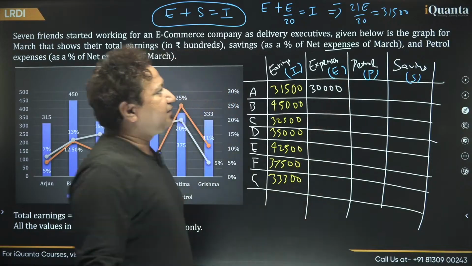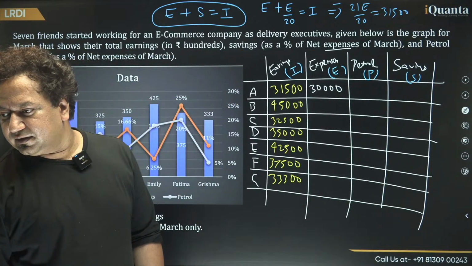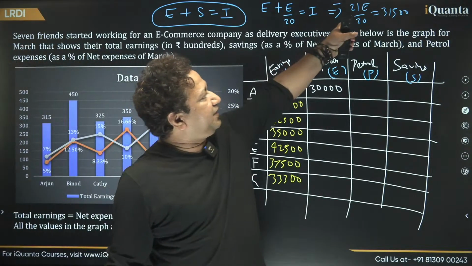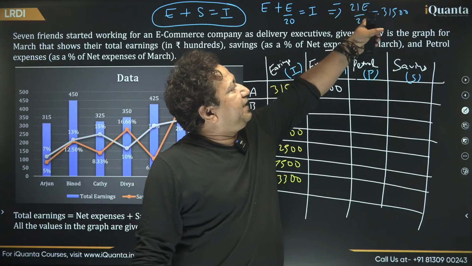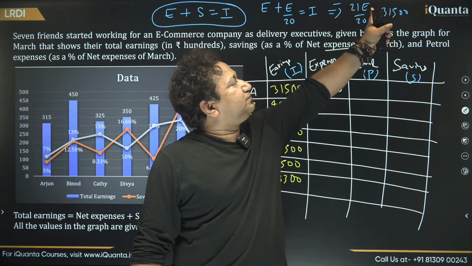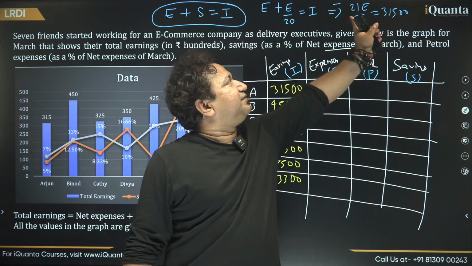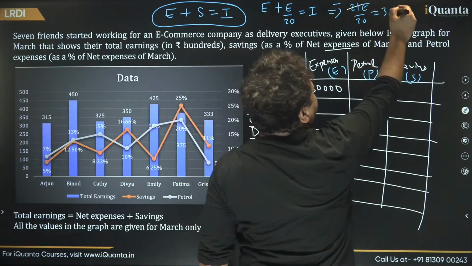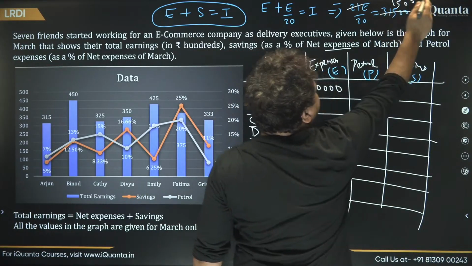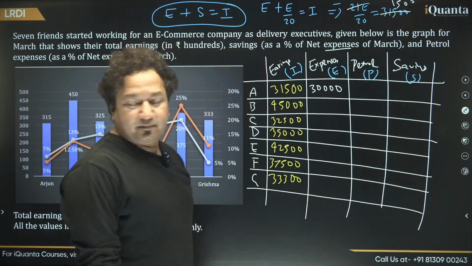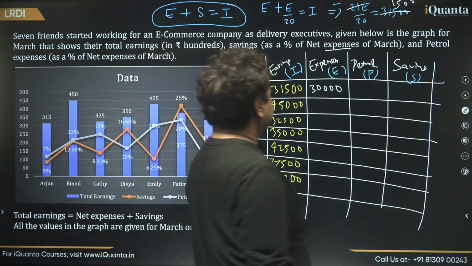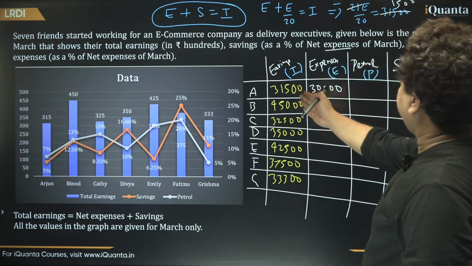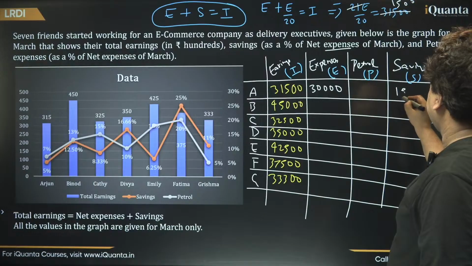Is that clear? We got the expenditure. Do you understand that? I calculate E over here, from here. 21 into 1500, it won't divide directly, 1500 times 20 goes up. I have 30,000. Is that cool? 30,000 has been spent. This was the earning, so saving is 1500.